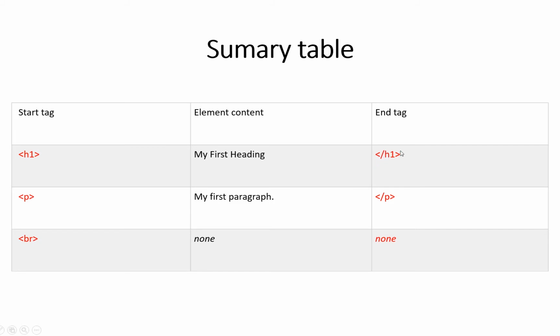You put the slash before the H1. When you open the paragraph element, you put the slash before you close it. This one is an example of an element that does not have a closing tag. So essentially you just put it like this, and this one describes a new line.